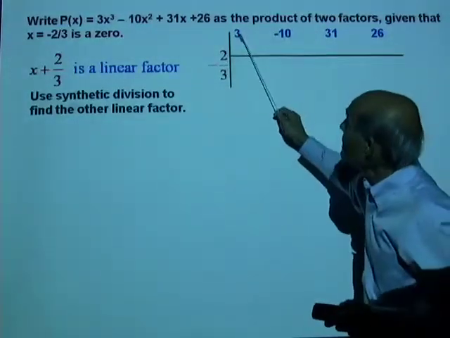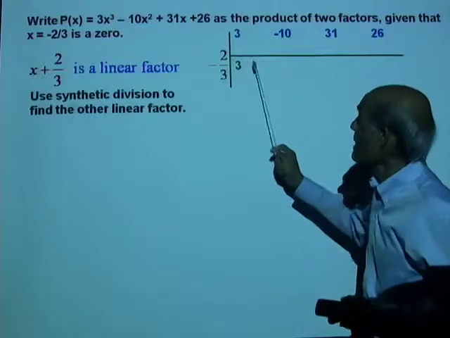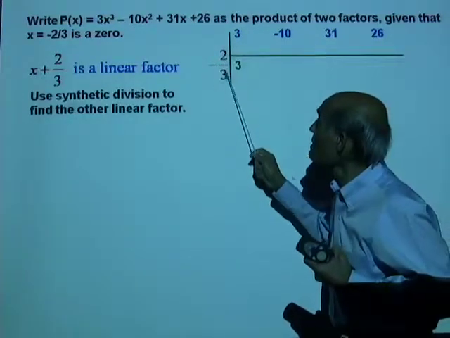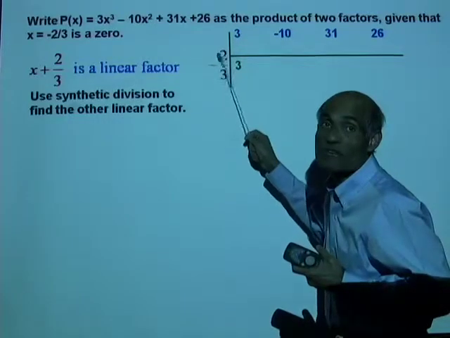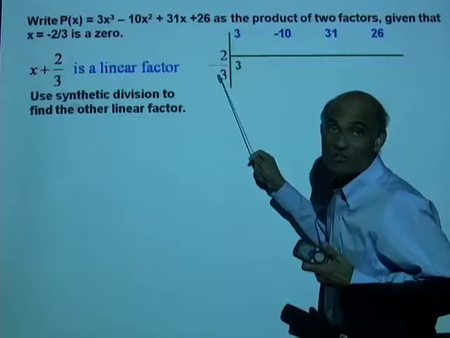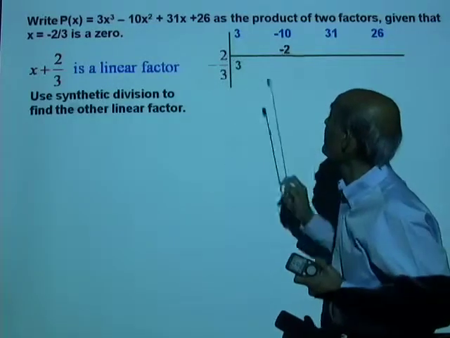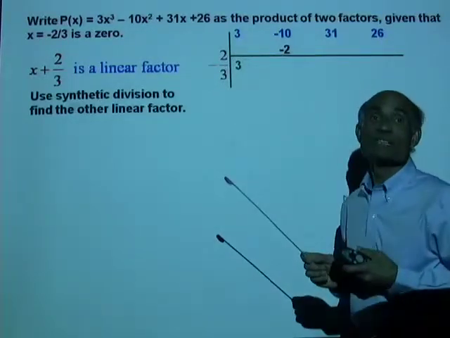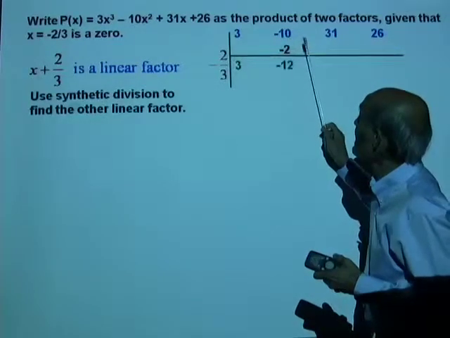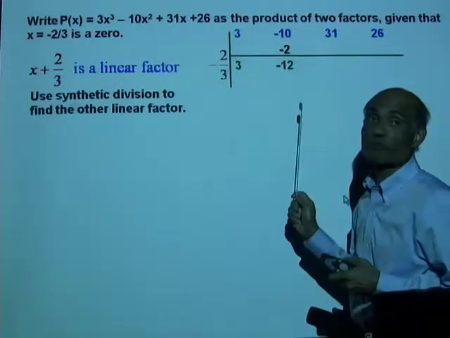And now bring down the 3. Okay, now keep your mind active. Negative 2/3 times 3. What is negative 2/3 times 3? The 3's will cancel. That will be negative 2. We'll write it below negative 10. Add the two. Negative 10 added to negative 2 is negative 12.